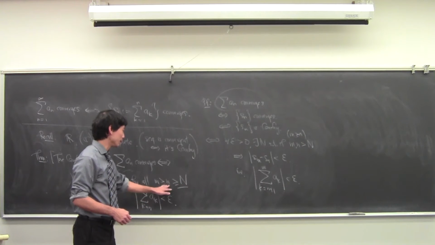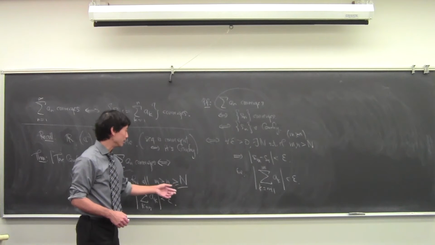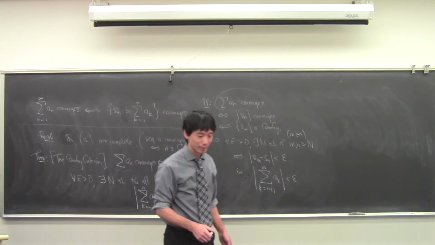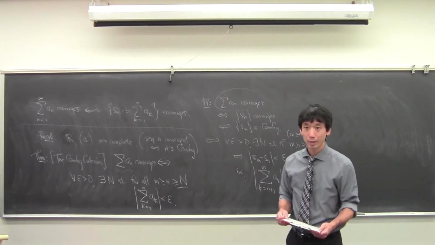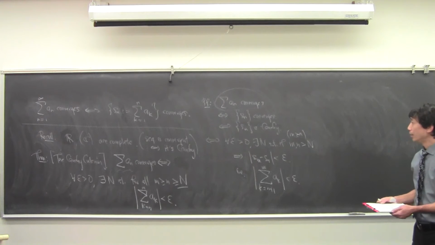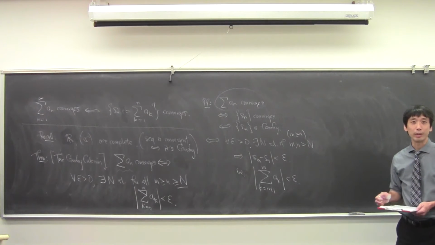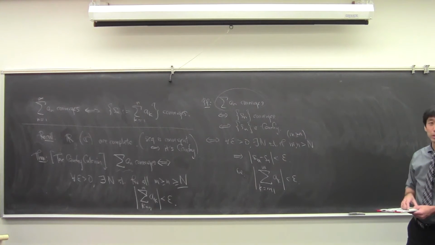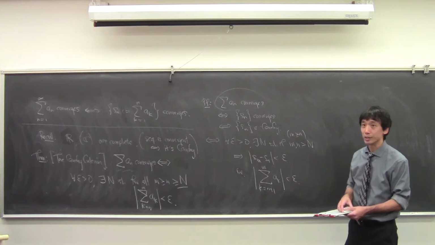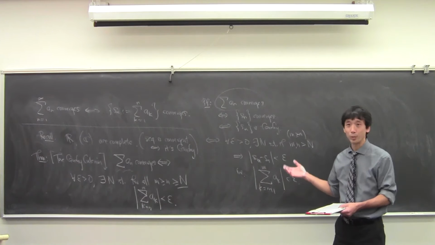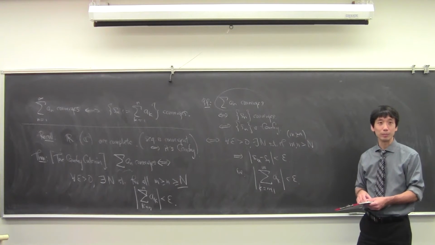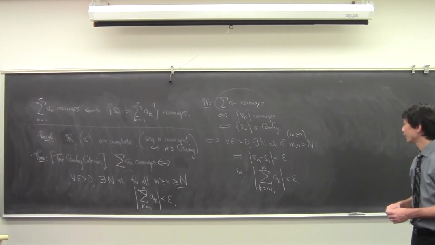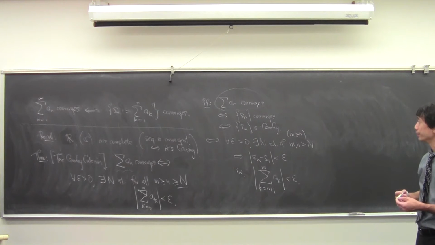You could just take this n to be one smaller, and then say it's true for n plus 1. It doesn't make any difference. Okay, so this is the Cauchy criterion. Your knowledge of the convergence of sequences gives you this for the convergence of a series, because convergence of a series boils down to convergence of the sequence of partial sums. So you could equivalently have written k equals n to n? Yeah, it doesn't make any difference.